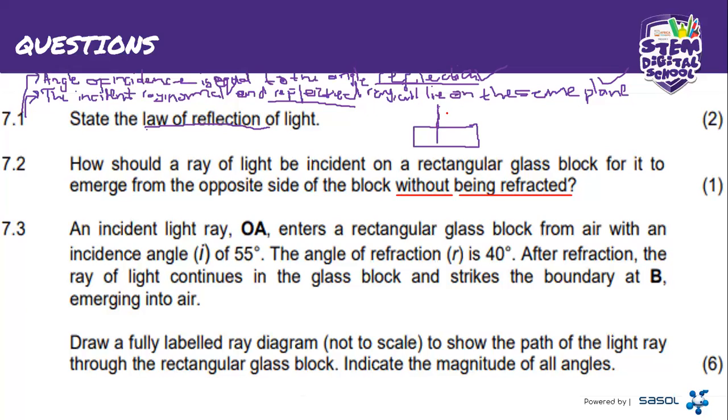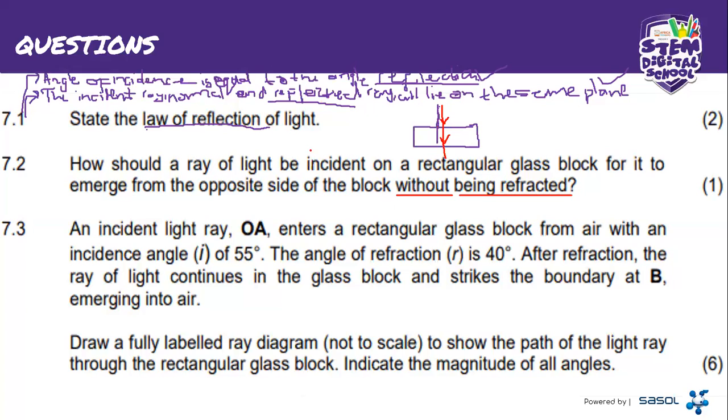The only way that I can make it not to be refracted is to actually shine the light in a direction that is perpendicular to the surface of the glass block. If I shine it straight like this, then it will not be refracted. It will emerge on the other side without being refracted altogether.